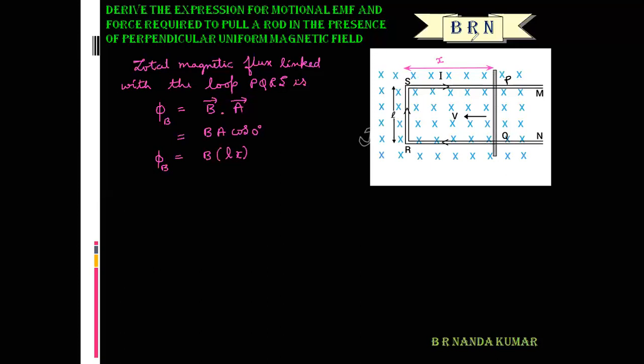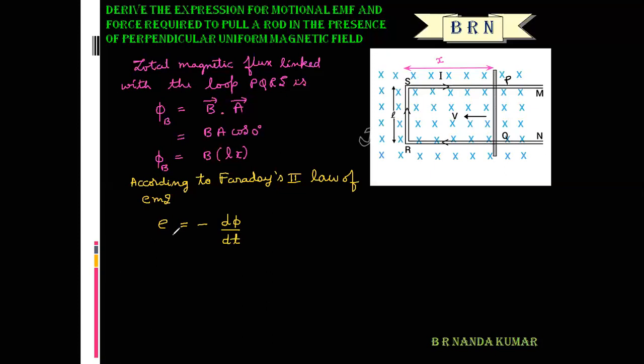That can be calculated by using Faraday's second law of electromagnetic induction: E is equal to minus d phi by dt.